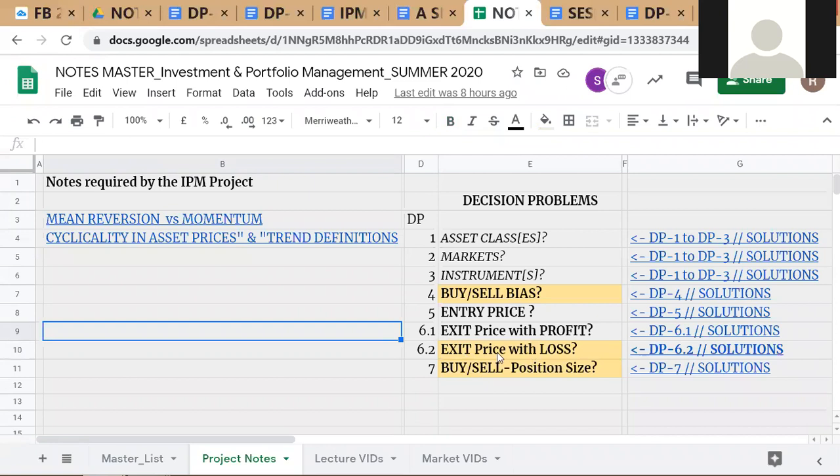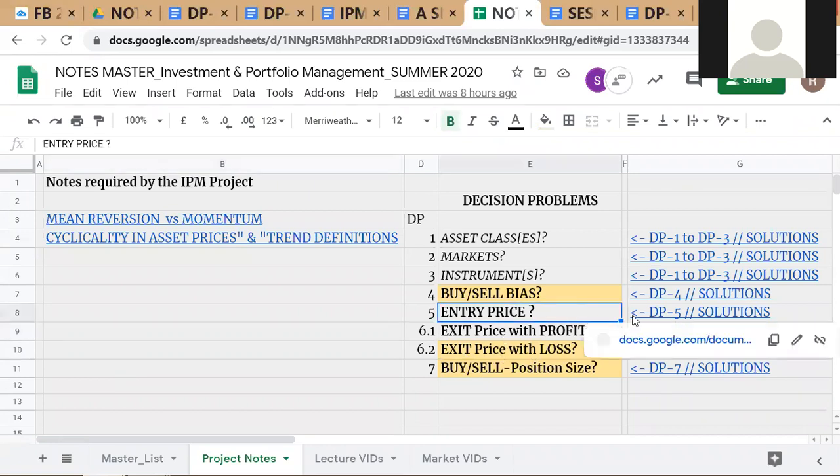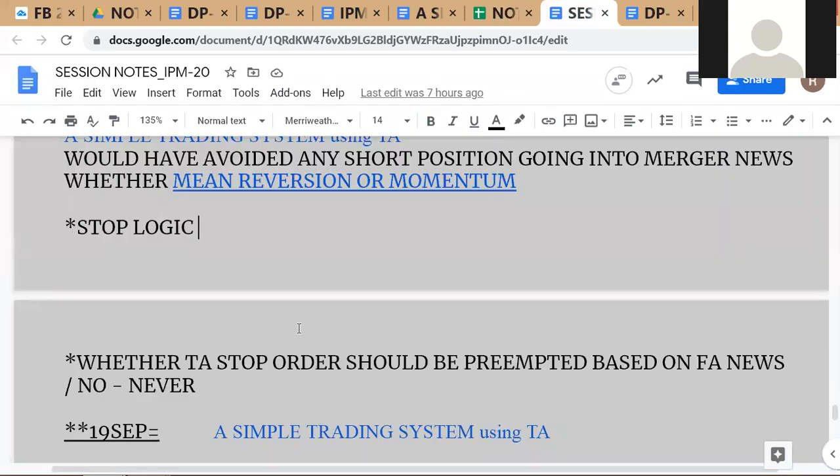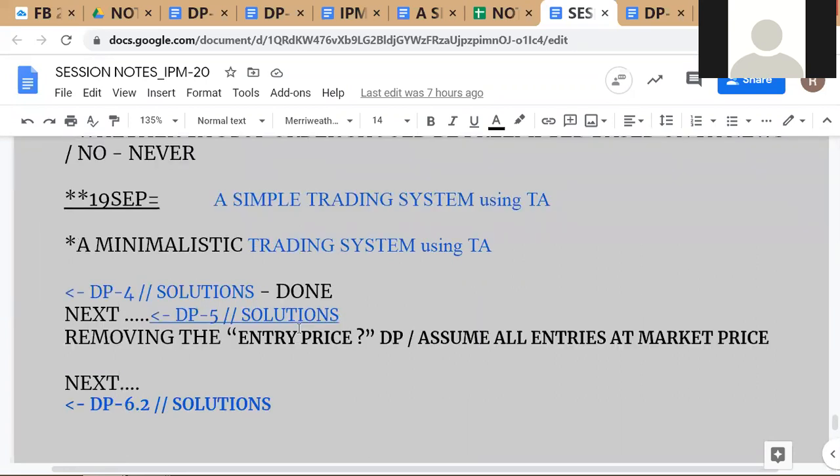We need to make certain assumptions about how this one has been solved, the DP5 entry price decision problem. So what we are going to do, as I've said, is actually remove this from the bare bones trading system because we want to make it simple. DP4 is already done.